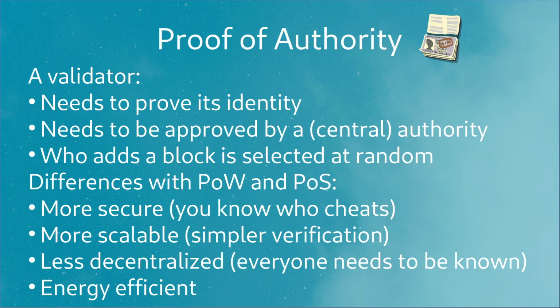As with proof of stake, the validators that add a block are selected at random. There are not a lot of computations needed for this, and this is an energy efficient consensus mechanism.